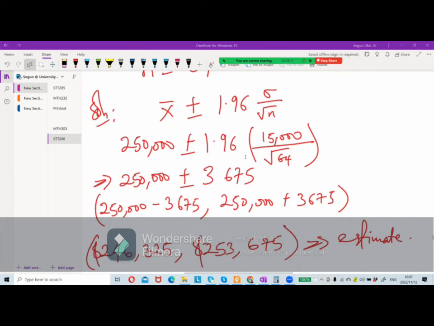Square root of 64 is 8. Okay, so we divide 15,000 by 8 times 1.96. All right, let me check my own.